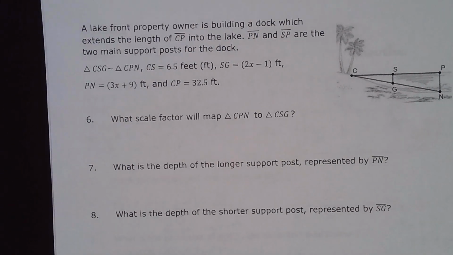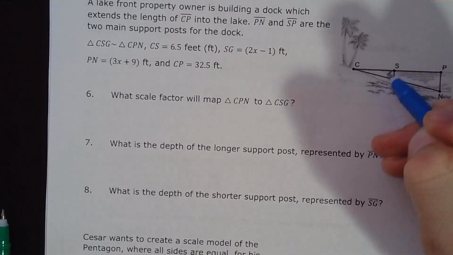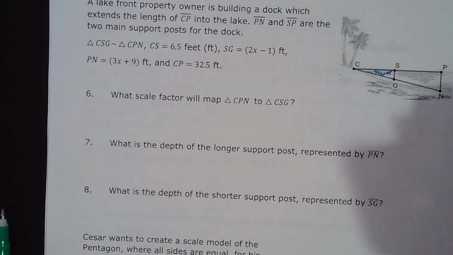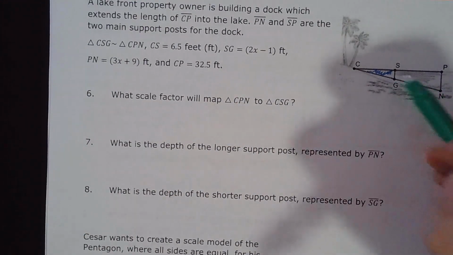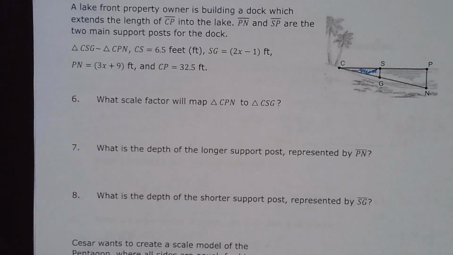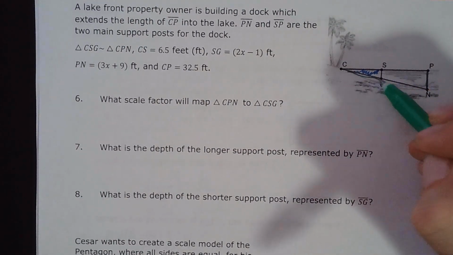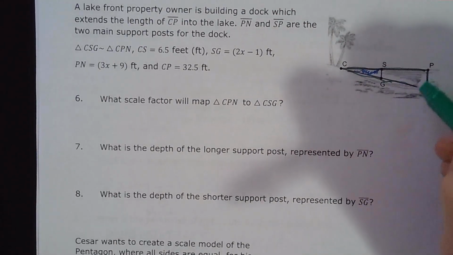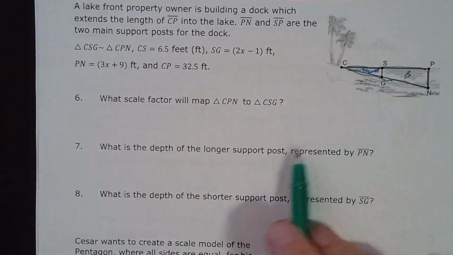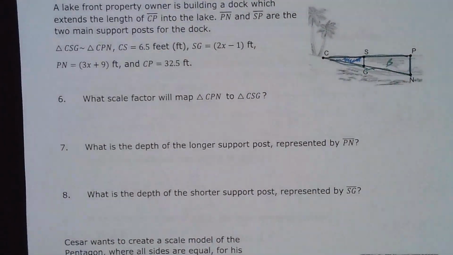Okay. Alright, so we have a blue triangle and then a green triangle here. So blue's little, green will be bigger. And these are congruent.